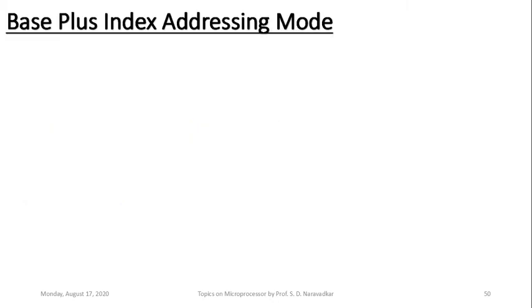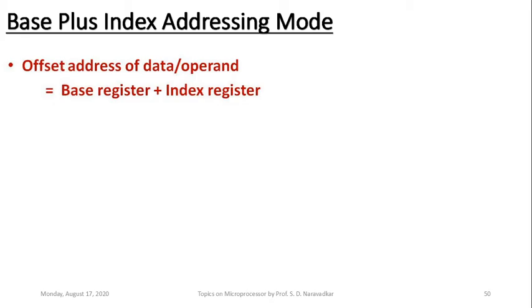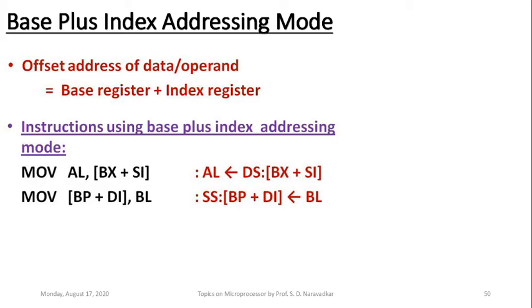The sixth addressing mode is base plus index addressing mode. The name itself implies that the offset address of data or the operand is nothing but the contents of that base register plus the contents of one of the index registers. Now, here are some examples, instruction examples using base plus index addressing mode.